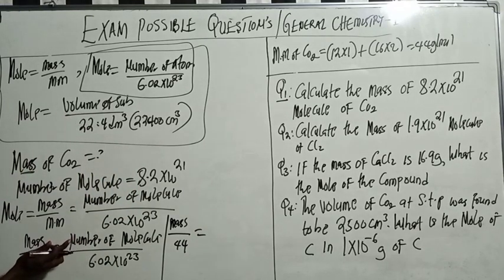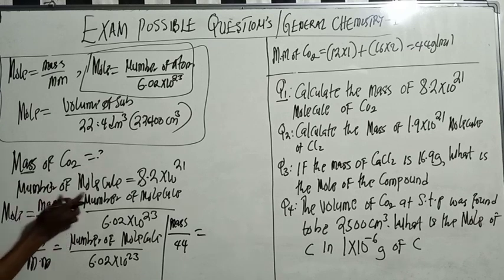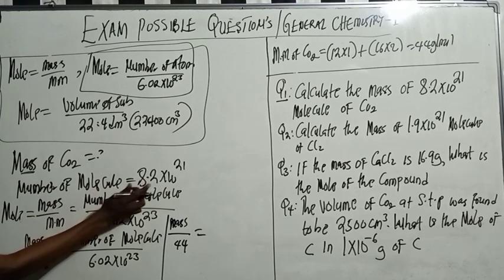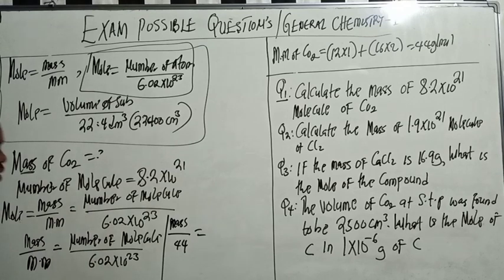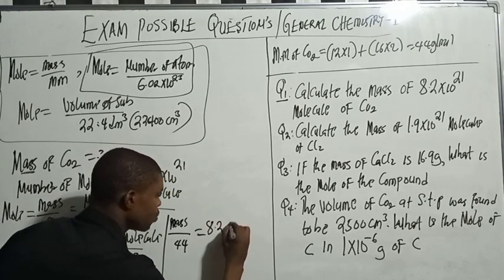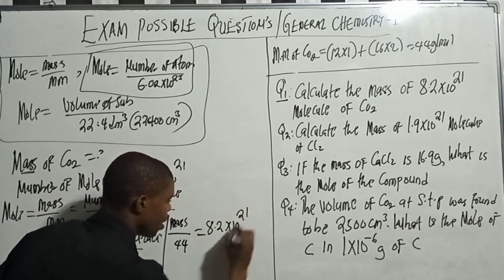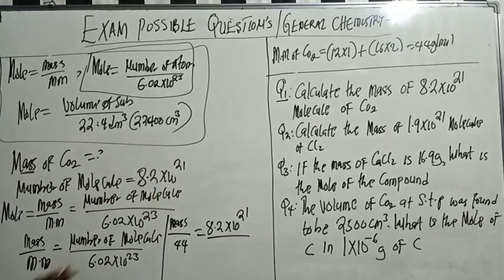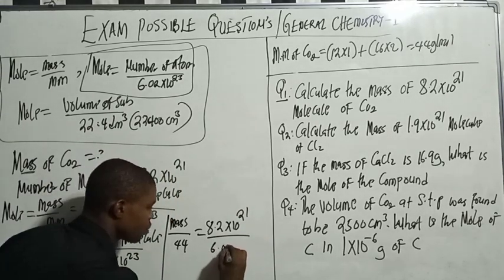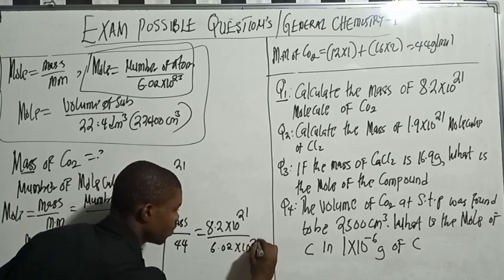Remember, the number of molecules given to me is 8.2 exponential 21 over 6.02 exponential 23.